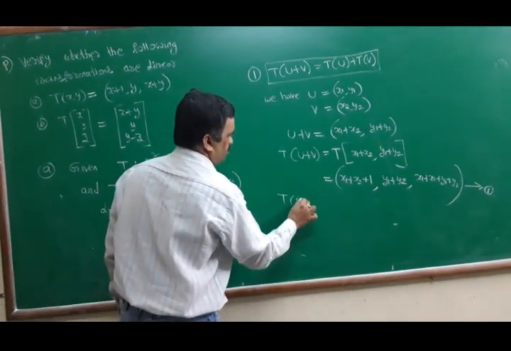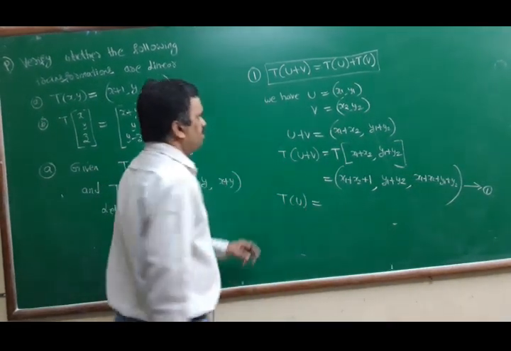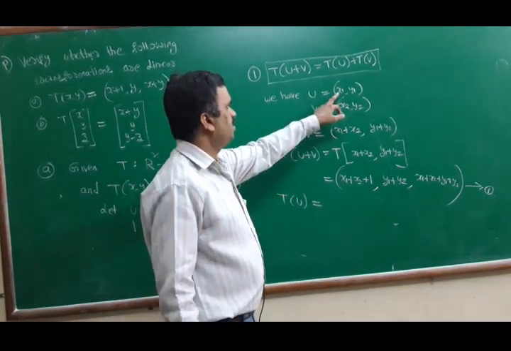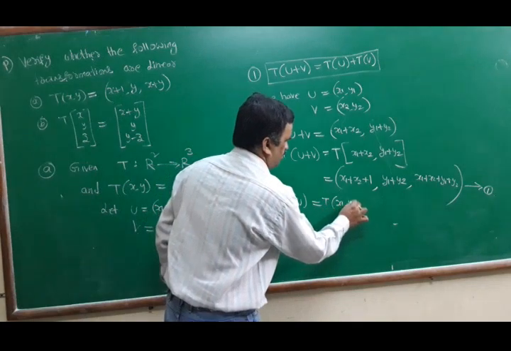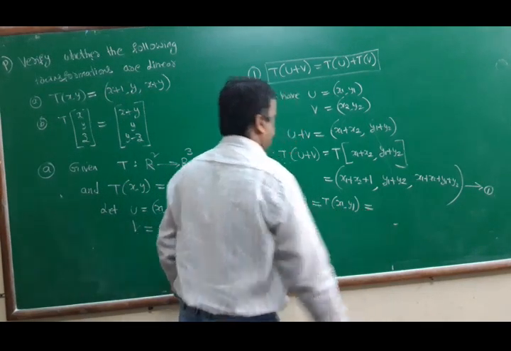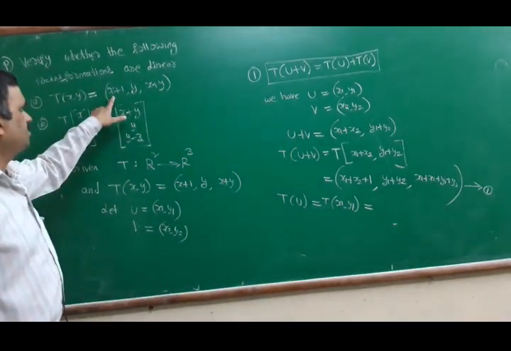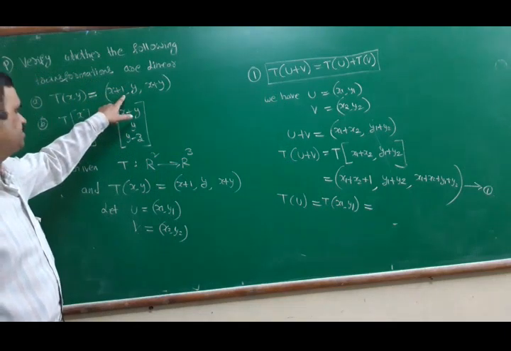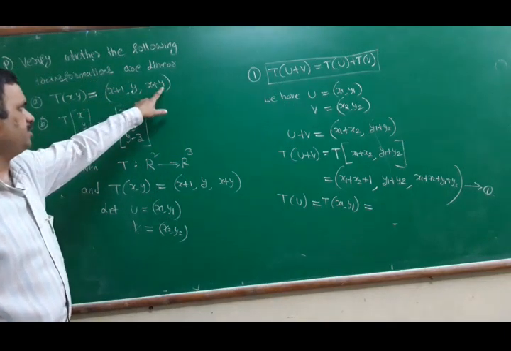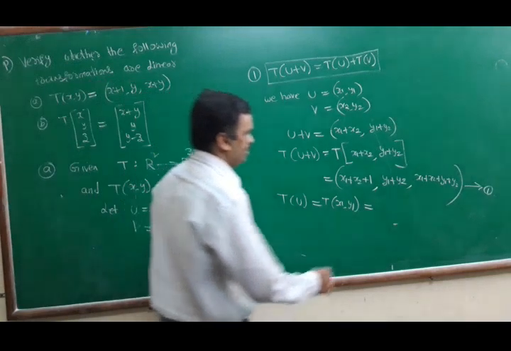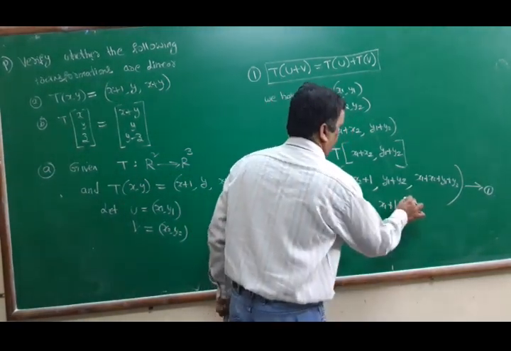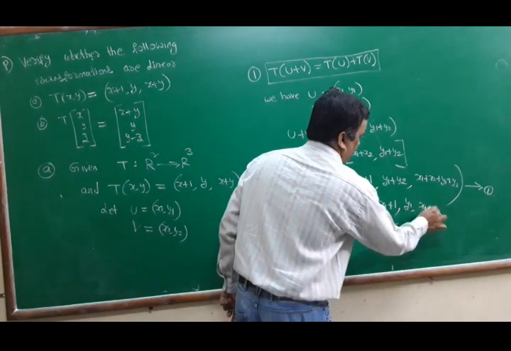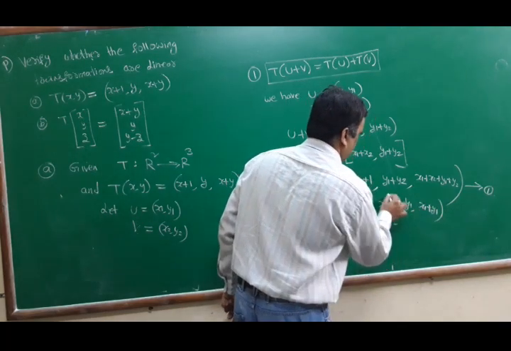And now the right hand side. T of u equal to T of x1 y1 equals, again the same condition, first coordinate plus 1, second coordinate, first coordinate plus second coordinate, nothing but x1 plus 1, y1, x1 plus y1.